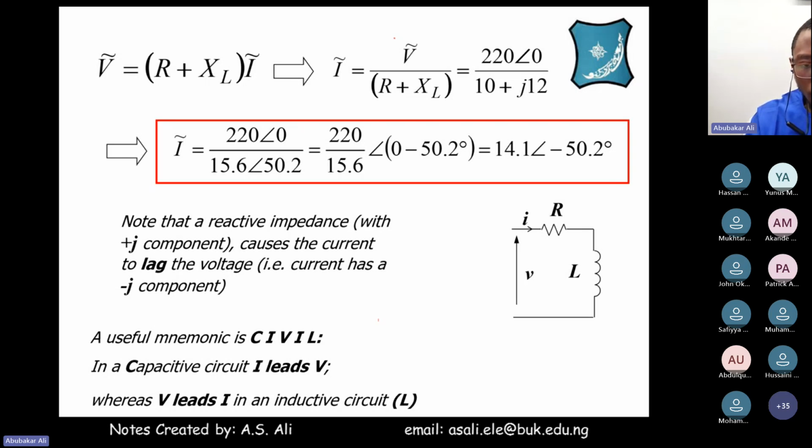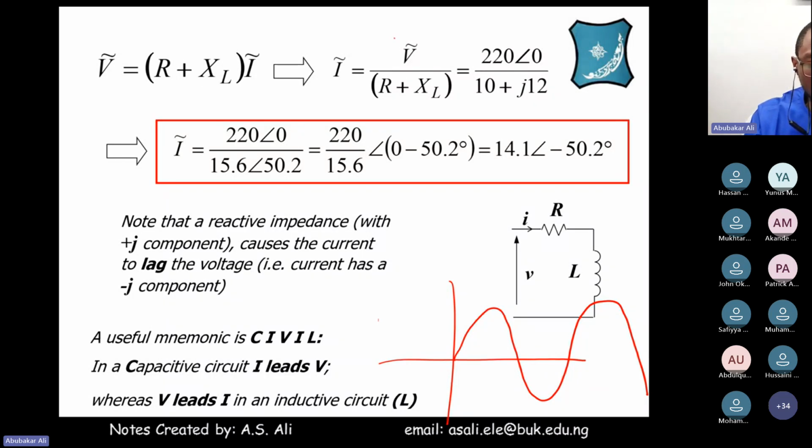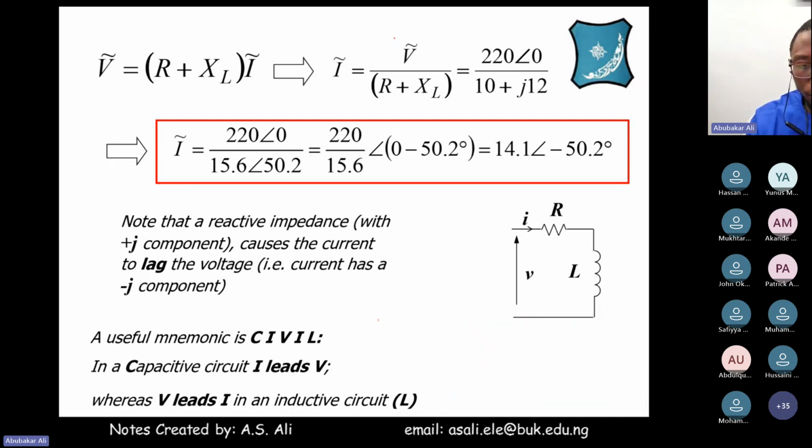If you use an oscilloscope, you will see the voltage, and you plot the current on the same scope. The current is not going to start from the same place as the voltage. It is going to start after the voltage has started, so the current lags behind the voltage. This is one of the effects, and we don't want a circuit that has this lagging.